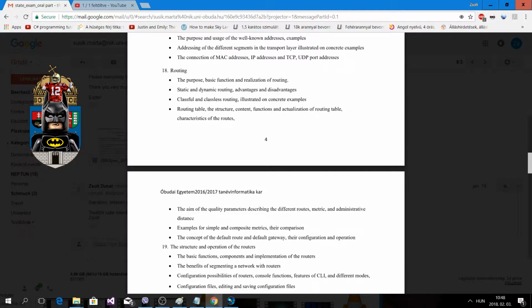Oh, of course I believe the interface on which it came in, so it actually knows everything. So basically that's a routing table entry. Maybe I missed something, I don't know.